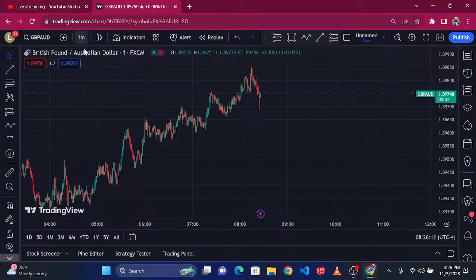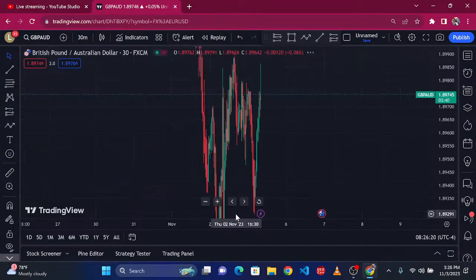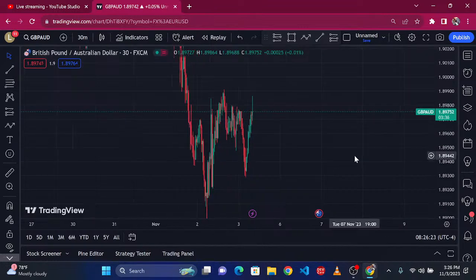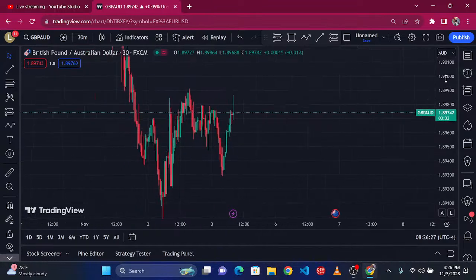So it might pass through your setup. I'm very sure that if you are here, you have traded NFP and you know how it moves.